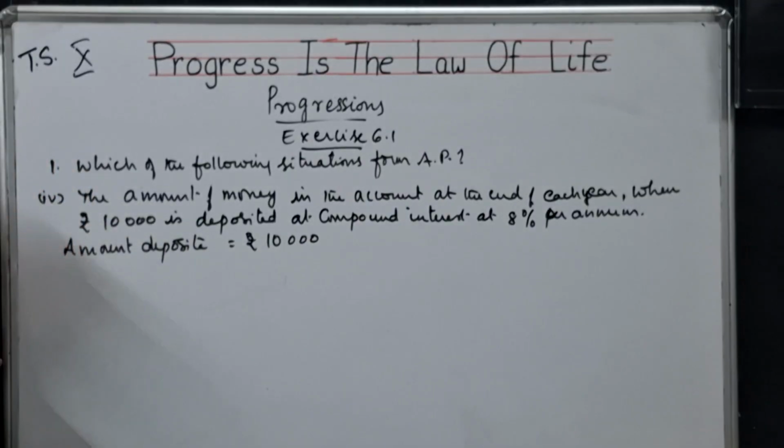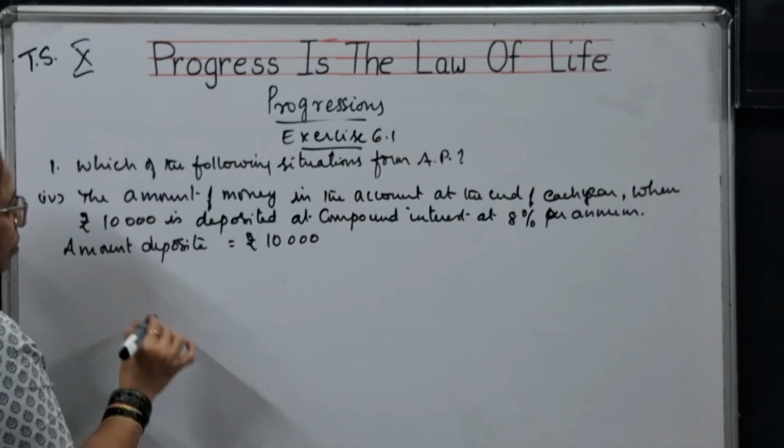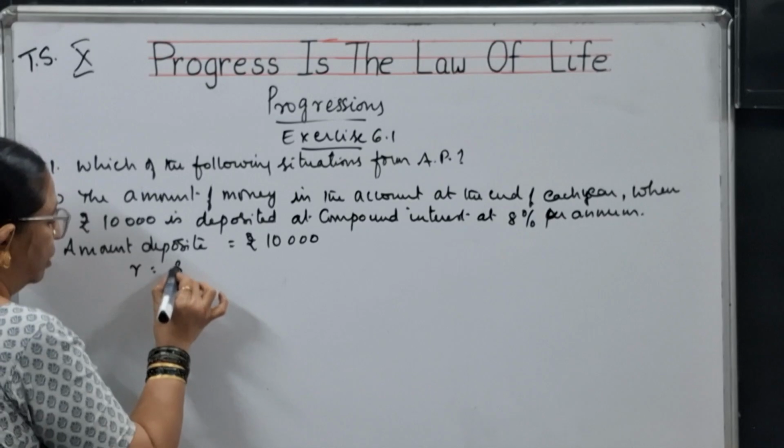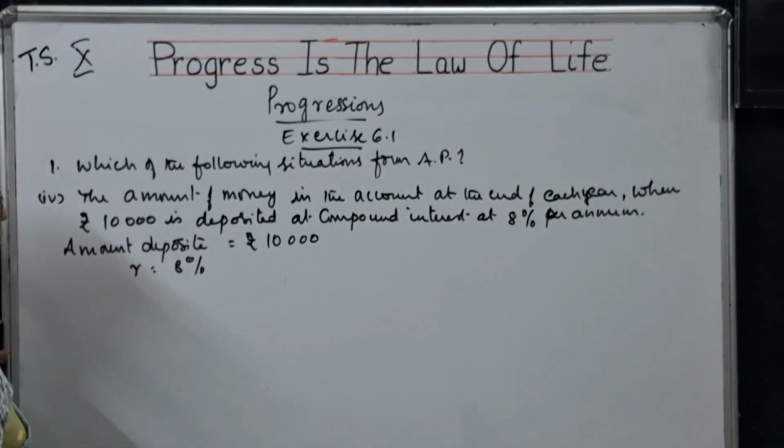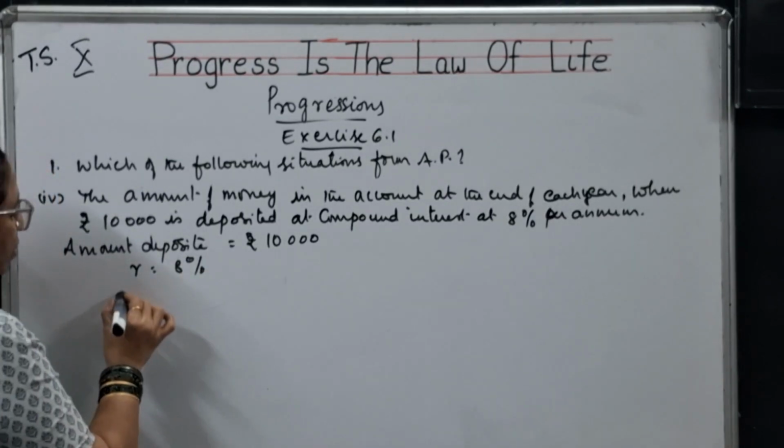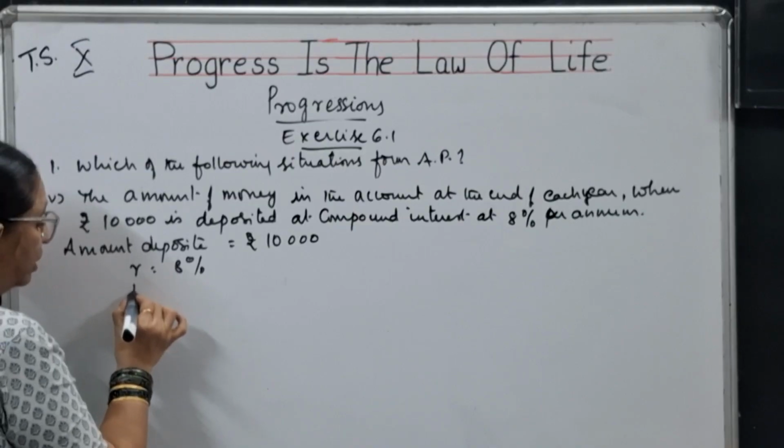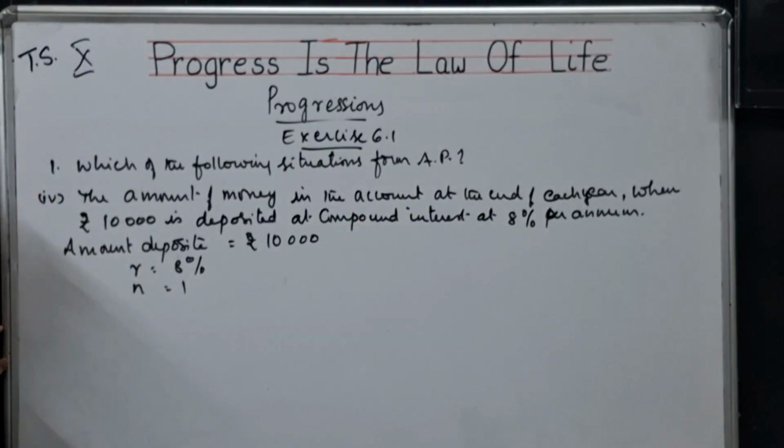So they have deposited 10,000. Now, what is the rate of interest? 8%. And for N, we have to take it as 1. N is 1.